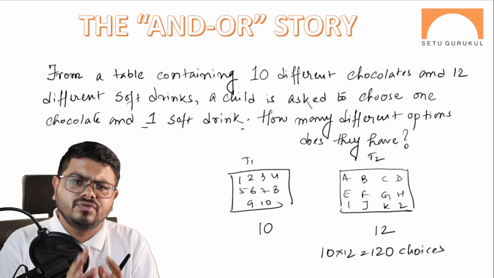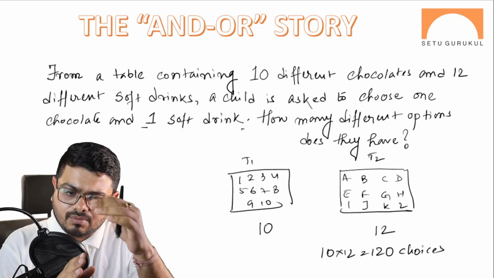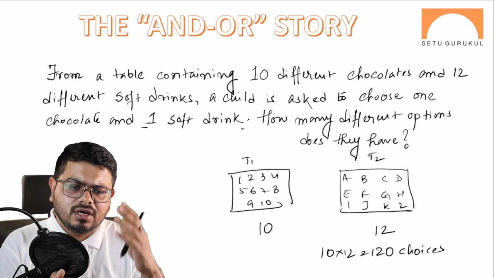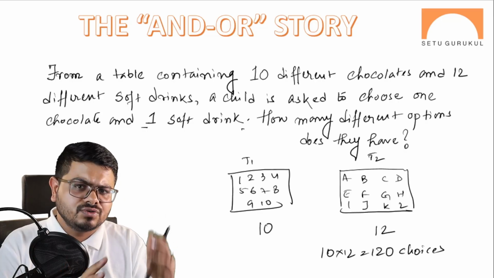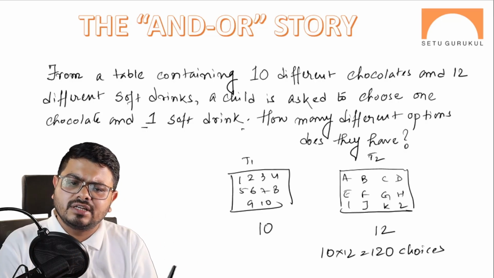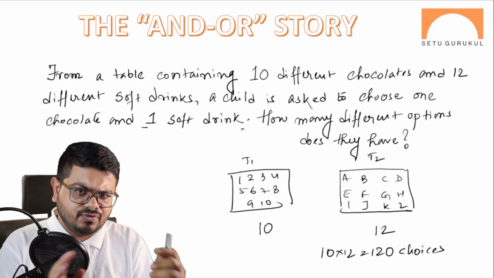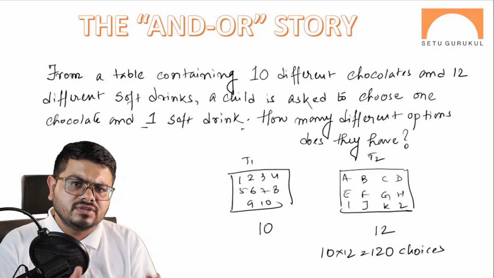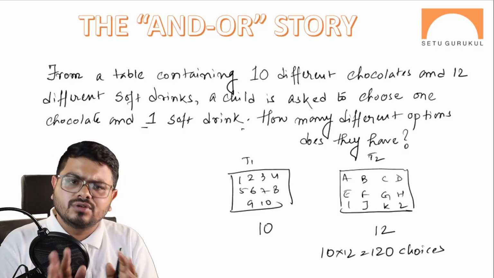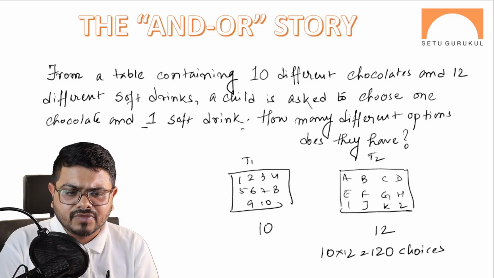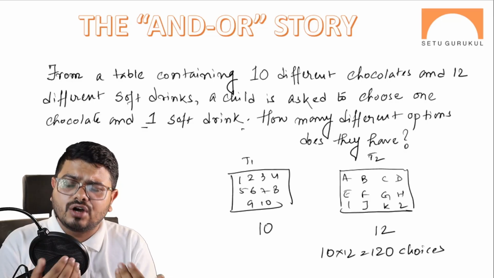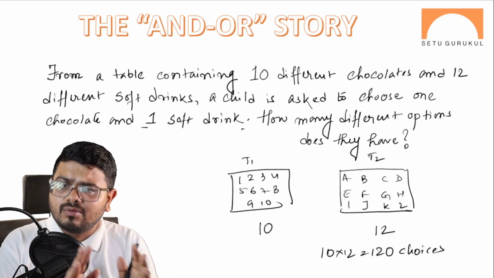You can verify that if you want by going one by one. So 1A, 1B, 1C, 1D, so on and so forth, 2A, 2B, so on and so forth, up to 10A, 10B, 10C. So all of that, if you want, just for verification, just for an assertive understanding, you can try to list that out. I'm not doing that right here. But this is an example of an AND situation. And how do we tackle it? By a multiplication.